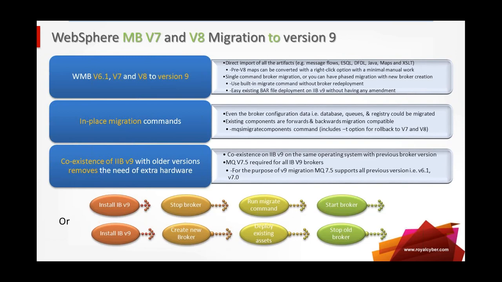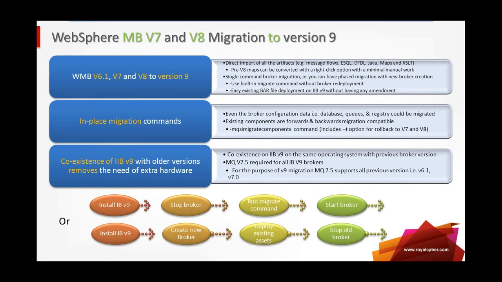Now let's move to the next slide, where we talk about the different versions which we can migrate to IIB 9. It lists all the versions we can migrate. For example, we can migrate version 6.1, and version 7 and version 8 can be easily migrated to 9.